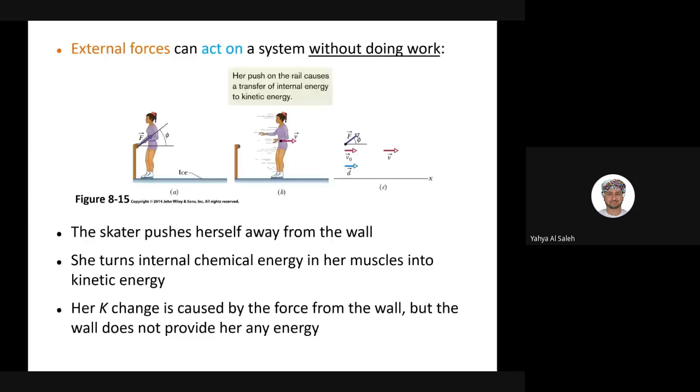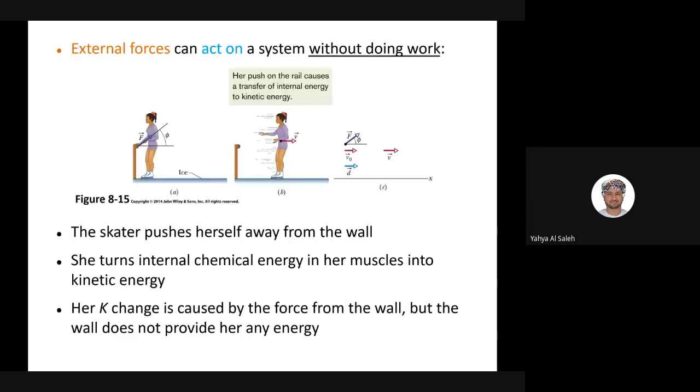Now, her kinetic energy is caused by the force from the wall. But it's not the force from the wall that is providing her the energy. It is her chemical energy from inside.